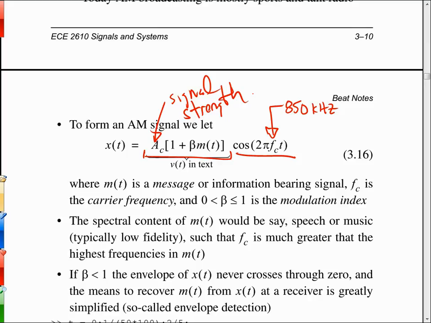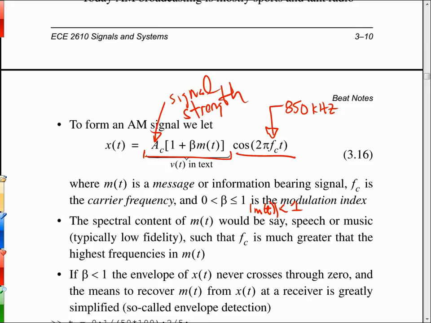And typically, if we were to scale m of t so it never exceeds 1, or actually say has magnitude strictly less than 1, then beta would take on values between 0 and 1, and that would control what's called the modulation index.